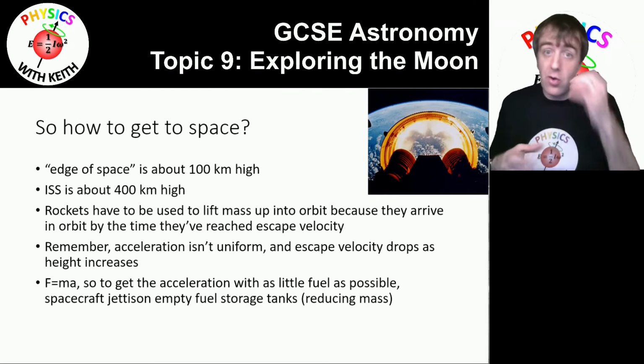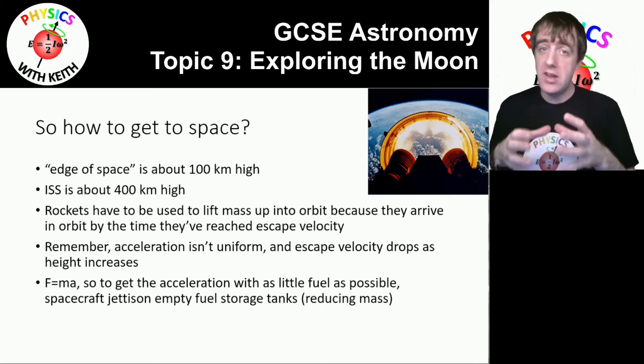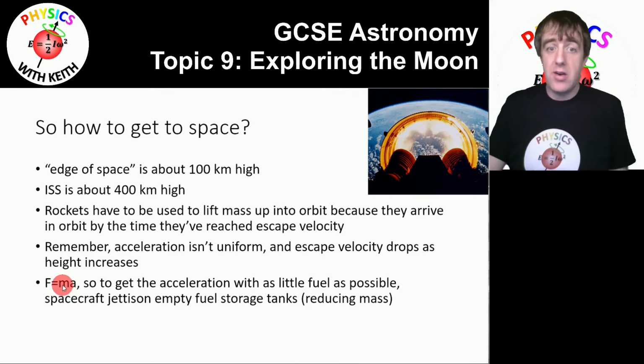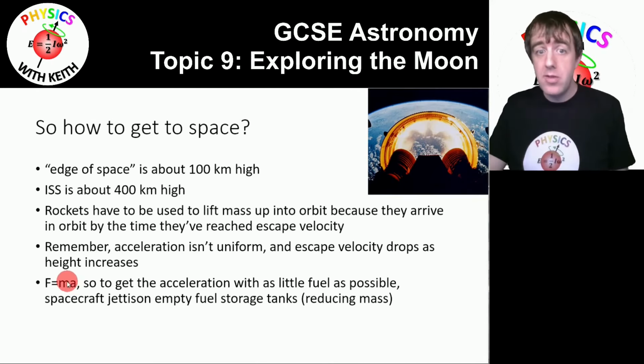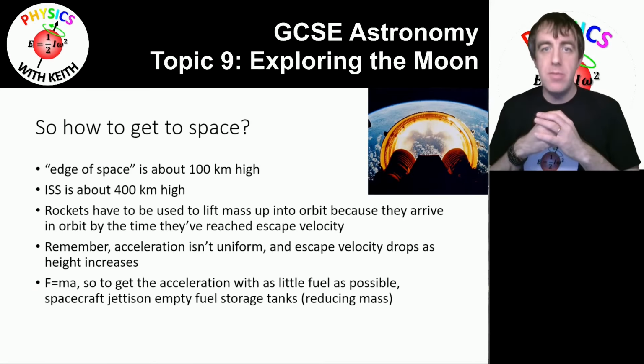That fuel is stored in canisters, in fuel tanks. Those fuel tanks weigh something. They have some mass. And if we want to get our acceleration up, then we want as little mass as possible. The smaller the mass, the bigger our acceleration will be for the same force. So we jettison empty fuel cans, empty fuel tanks.